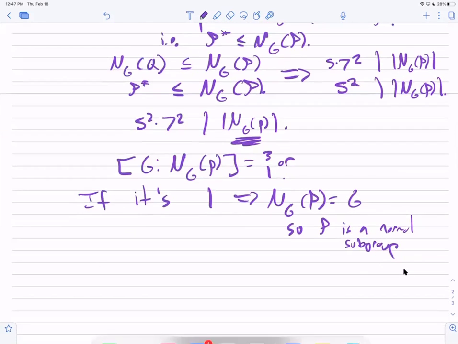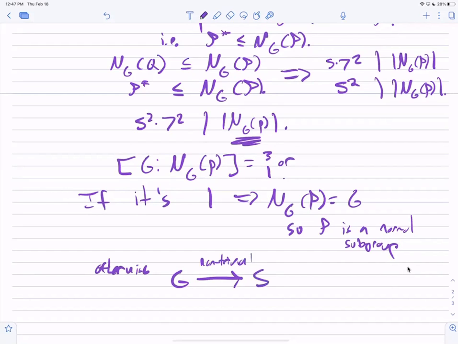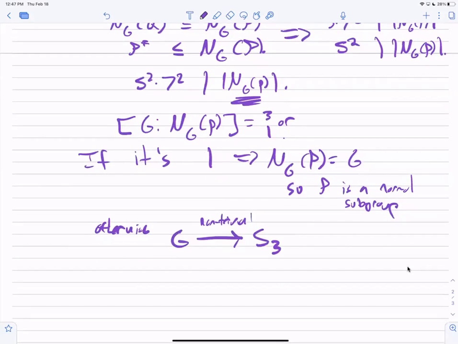Otherwise, you get a non-trivial map to S3 just by action on cosets of G mod the normalizer.